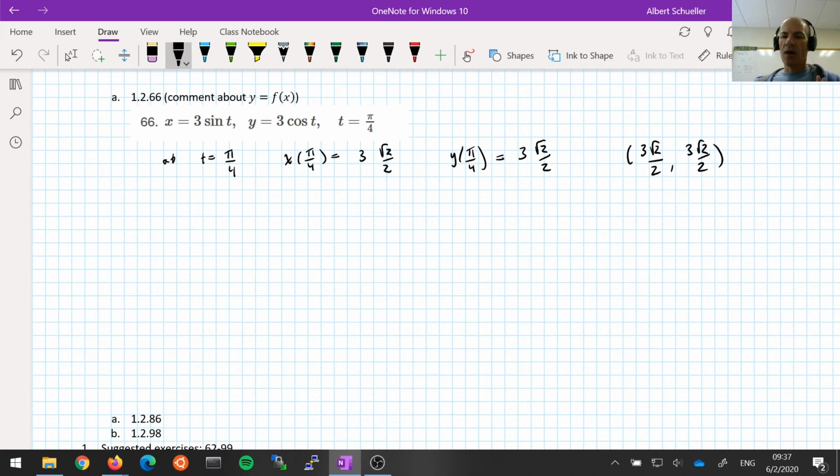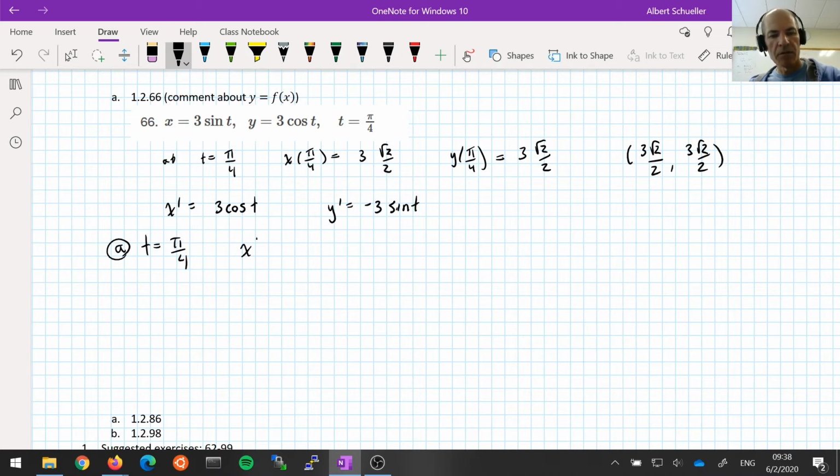What's the slope at that point on this curve? Let's compute x prime. That's 3 cosine t, and y prime, that's minus 3 sine t. And let's substitute the parameter value, pi over 4, to get 3 root 2 over 2, and negative 3 root 2 over 2.